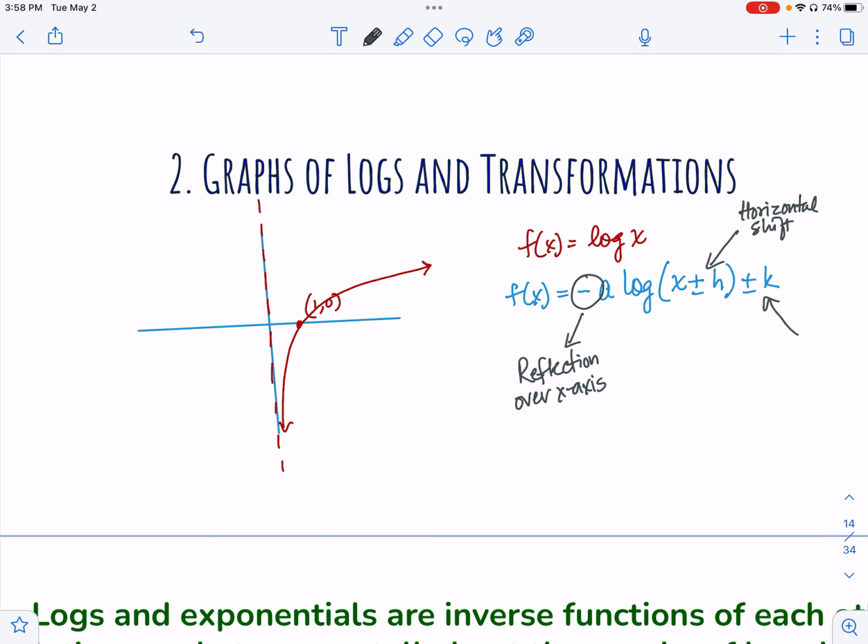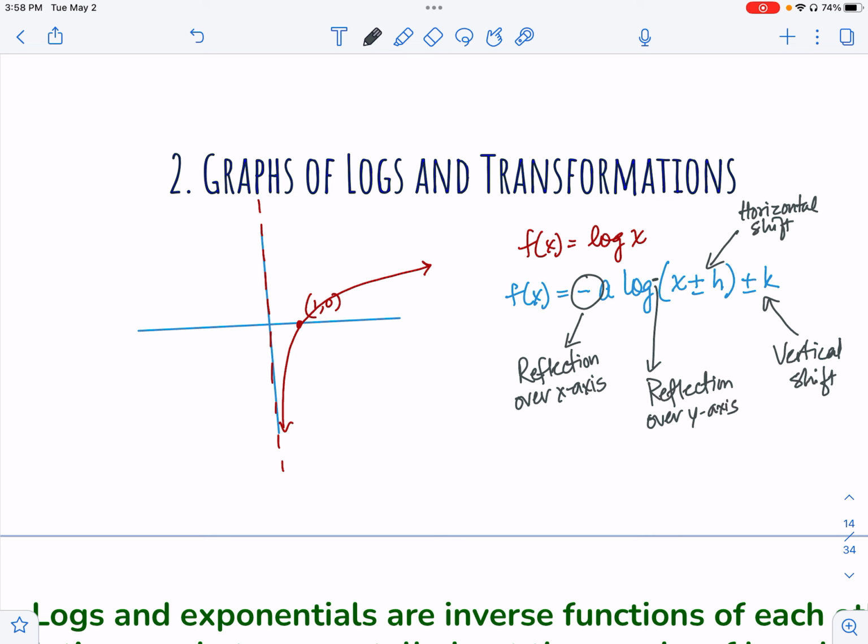And this number, that's a standalone number at the very end, is responsible for vertical shift. Also, if there's a negative here, that negative needs to be pulled out. So if there's a negative here, the one with the x, is responsible for reflection over y-axis, so horizontal reflection.